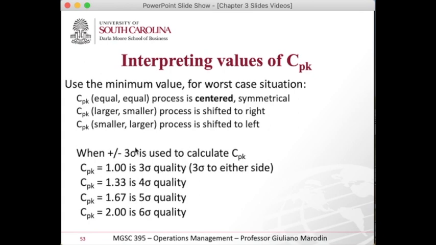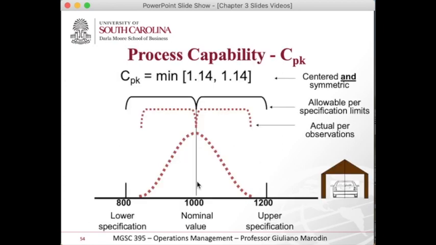But the interpretation is the same. If it's 1 or more, it's good at a 3 sigma level. If it's 1.33 or more, it's good at a 4 sigma quality level, and likewise for 5 or 6. Okay, so let's take a look at how it looks.